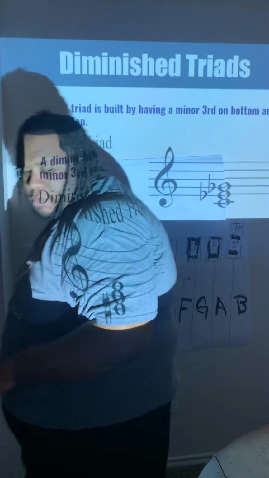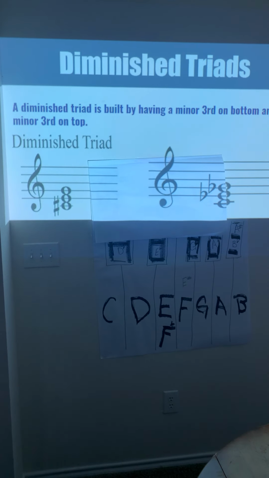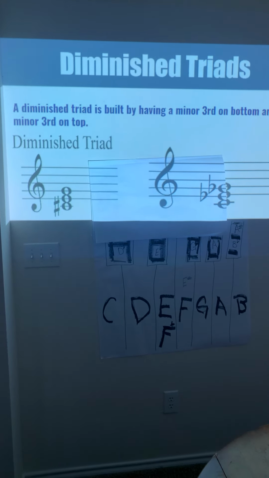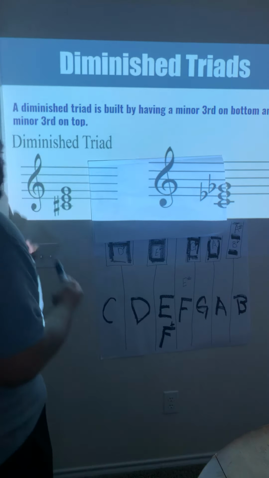All right. So in this example, we have a C sharp, E, and G. So on these, I'm going to kind of speed through because it's easy. First thing you do is start on C and count up to E. Start on that letter. 1, 2, 3. I know it's some type of third.